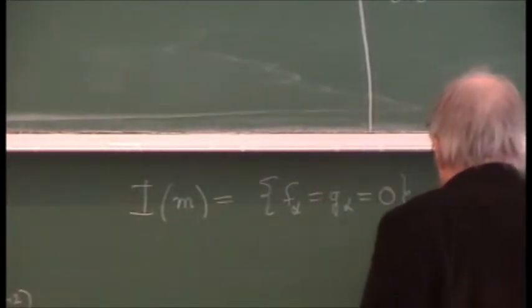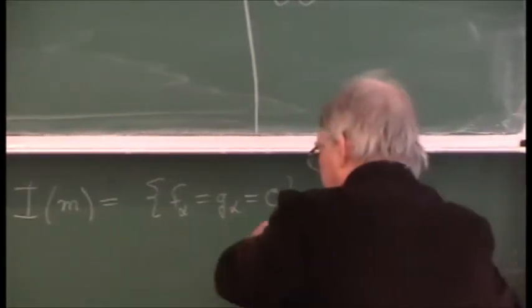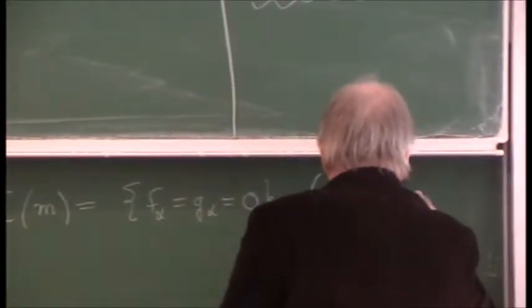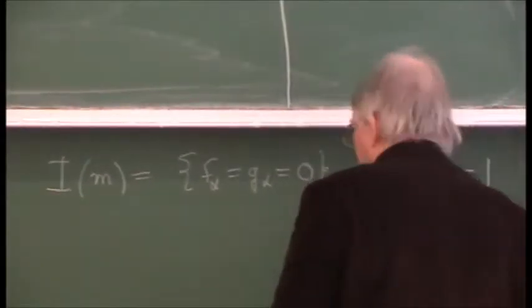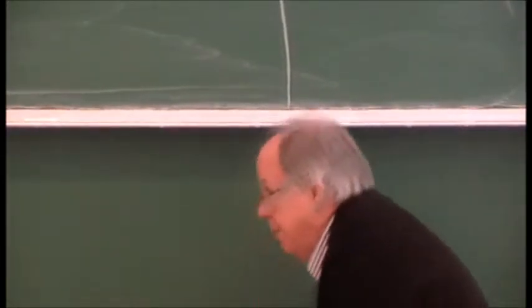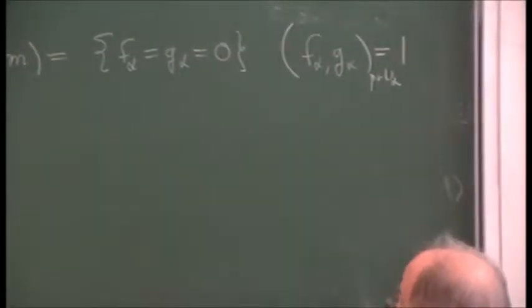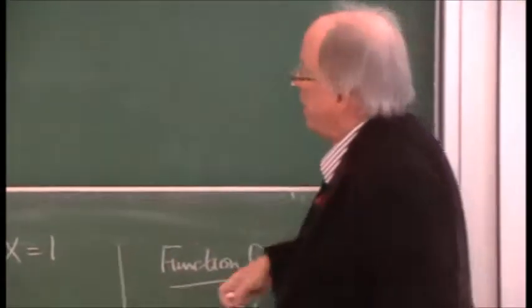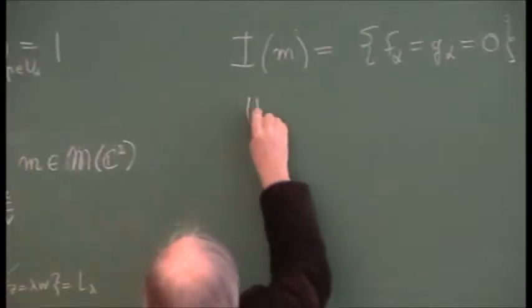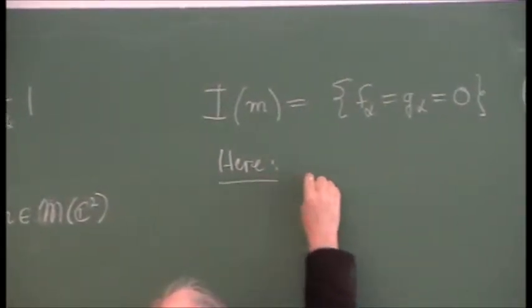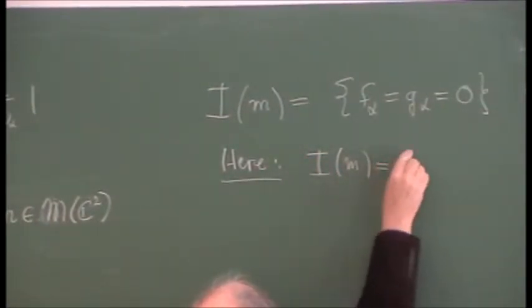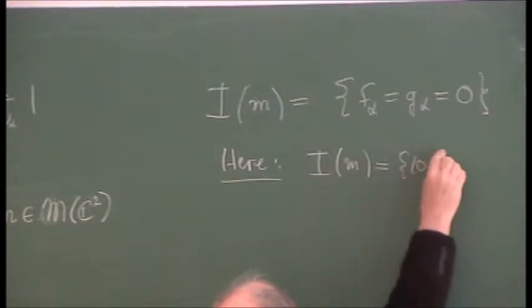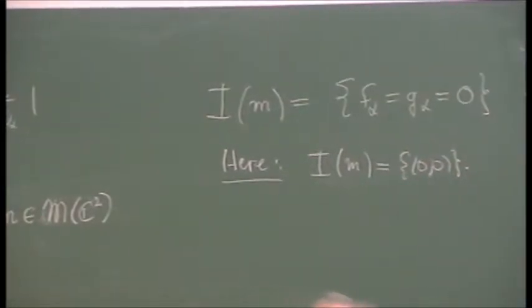I'm assuming that we've already divided out, so there's no common divisor at each point. So that's the indeterminacy set. And in this example, the indeterminacy set of M is just the origin. Okay?